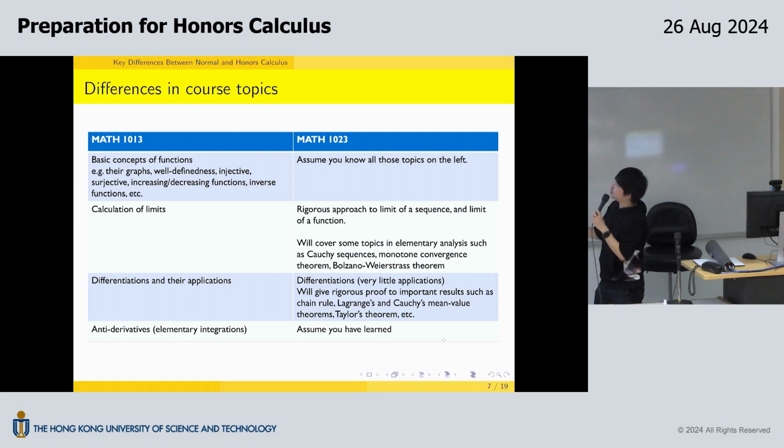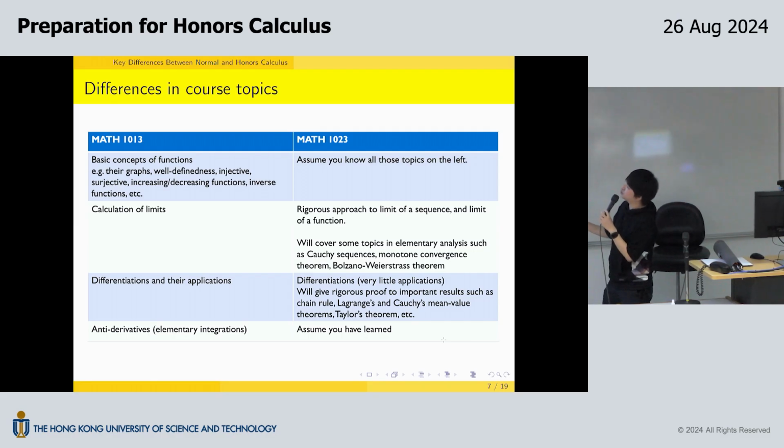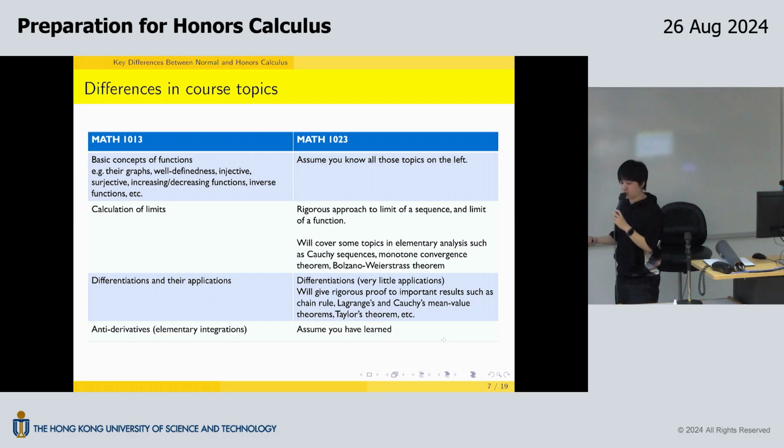In the first 2 weeks of the class, the normal calculus course will cover basic concepts of functions, and then you will learn how to calculate limits of functions or limits of sequences. The focus is basically on the calculation side. You are not asked to show why the limit exists or to prove why the function has this kind of limit, but rather you will be given calculation questions.